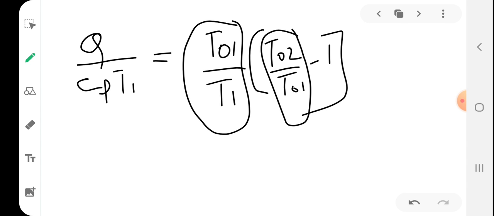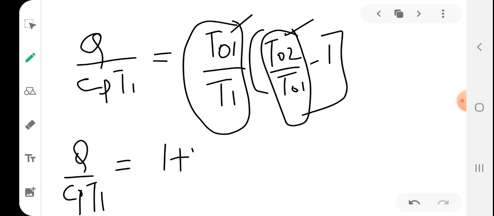T01 by T1 is 1 plus gamma minus 1 by 2 M1 square.